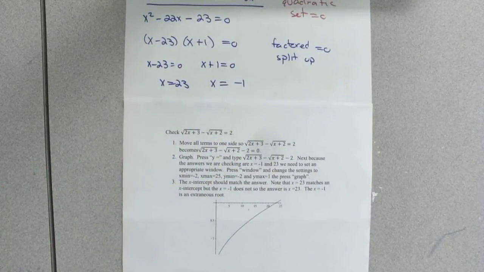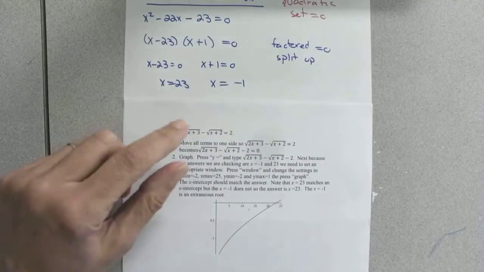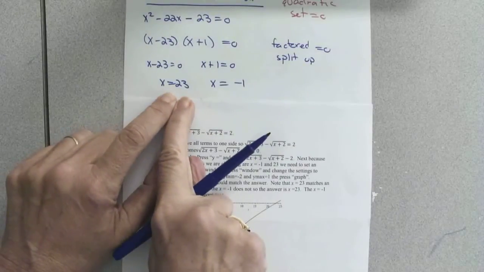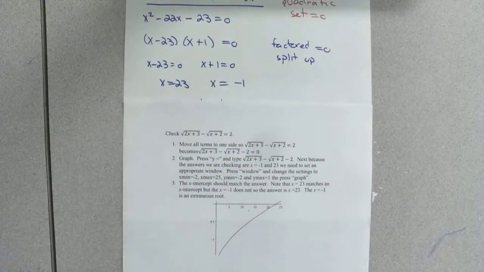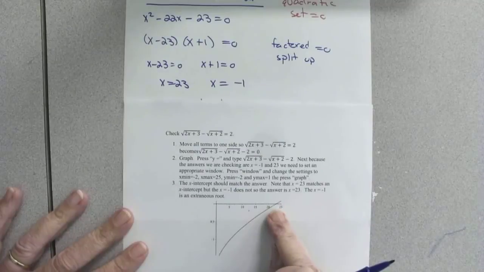And so when we check this one by the calculator, and this does actually show a drawback of checking by the calculator. One of the answers we're checking is 23. So that standard window that seems to work all the time, that standard window that goes from negative 10 to 10, wouldn't work in this case because I had to check an answer of 23.